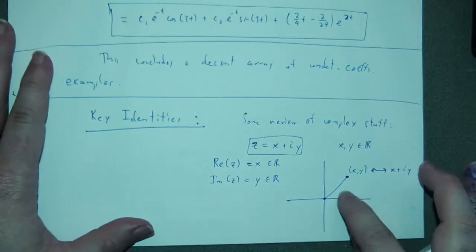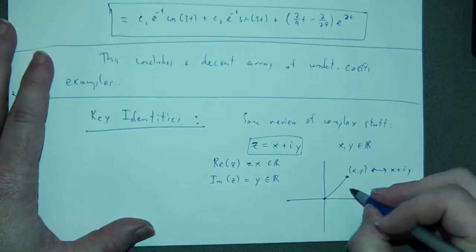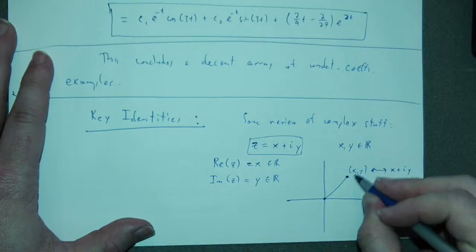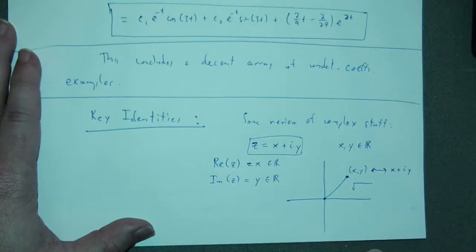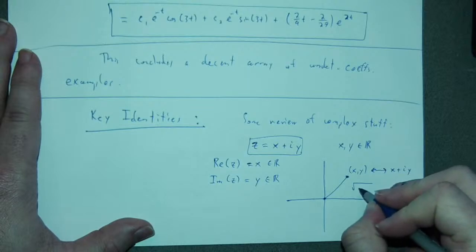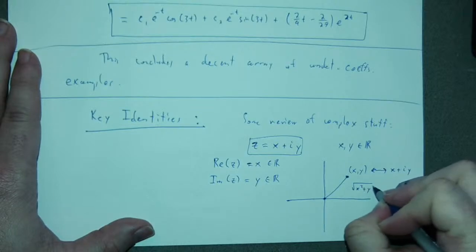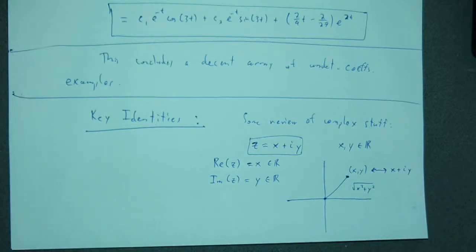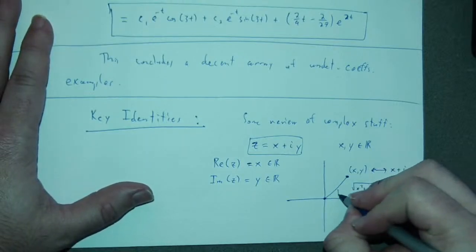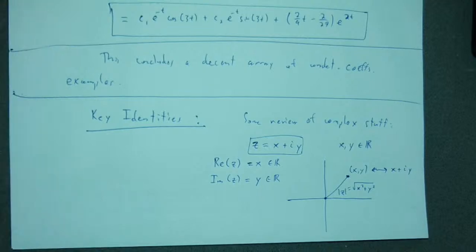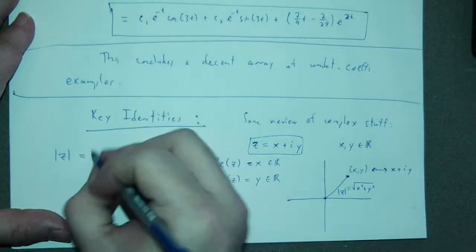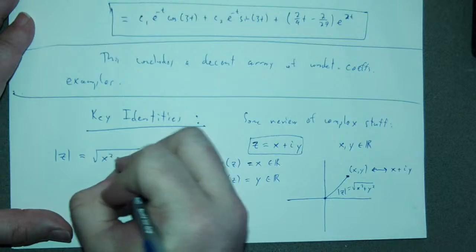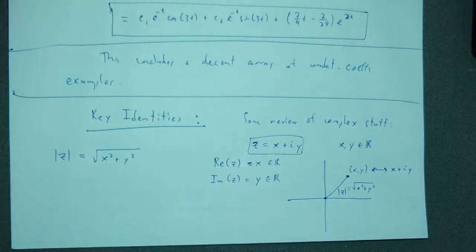By the distance formula, or the Pythagorean theorem, it is the square root of x squared plus y squared. I have a special name for this. This is called the modulus of z. So the modulus of z is the square root of x squared plus y squared.